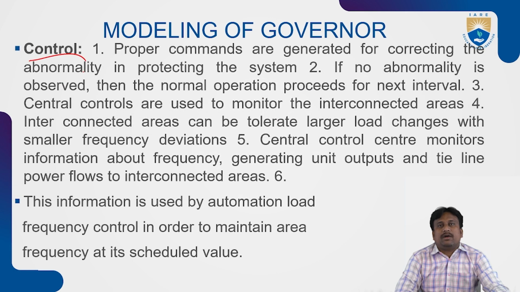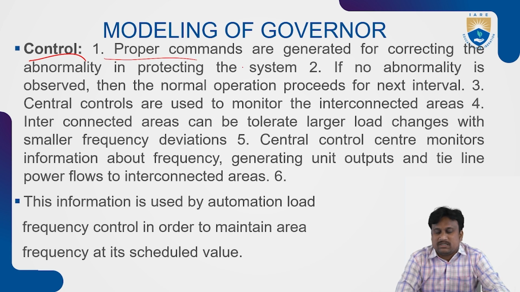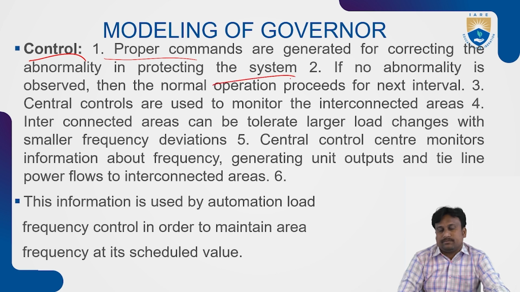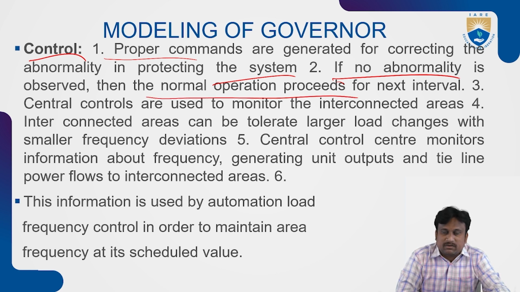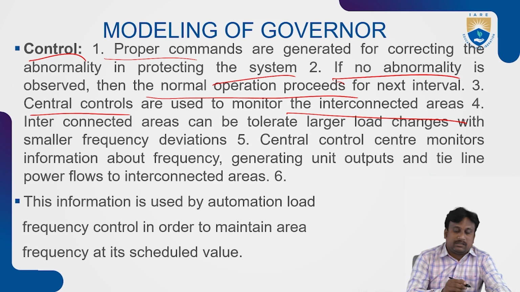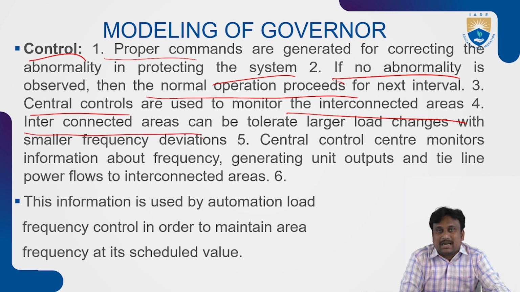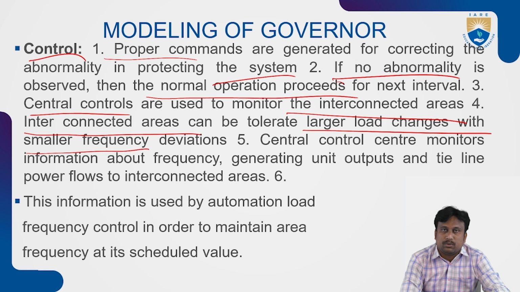So what is the control over this governor mechanism? First, we need to give proper commands, which are generated for correcting the abnormality and protecting the system. Second, if no abnormality is observed, then normal operation proceeds for the next interval. Third, central controls are used to monitor the interconnected areas. Fourth, interconnected areas can tolerate large load changes, with smaller frequency deviations, and this can also be done by control action.